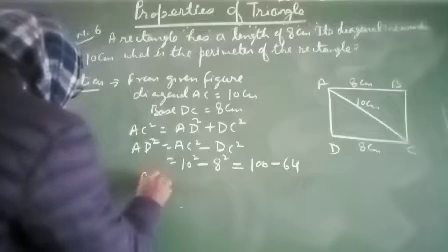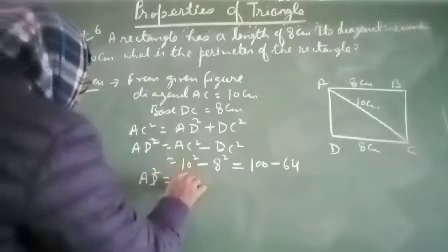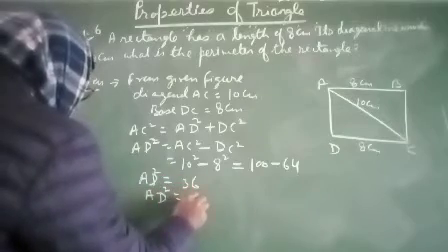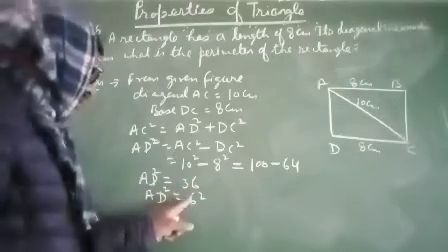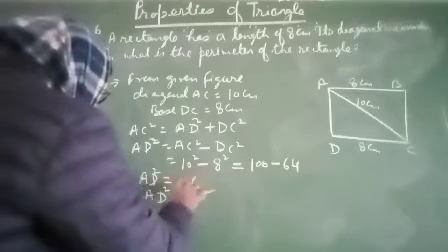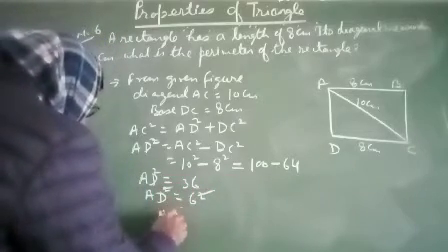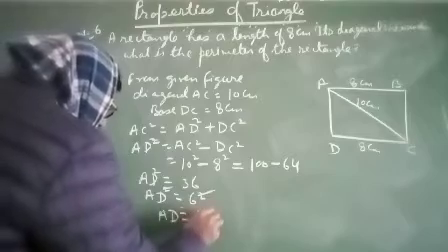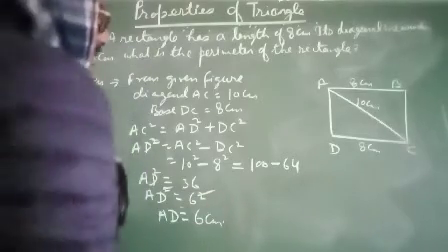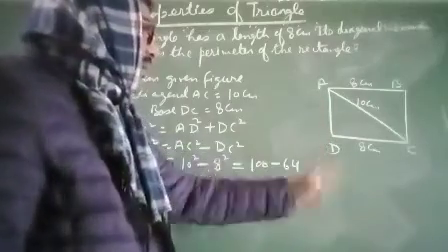Therefore AD square equal 36. Therefore AD square equals 6 square, because 6 square is 36. AD equals 6 centimeter. Now this is the width of the rectangle.